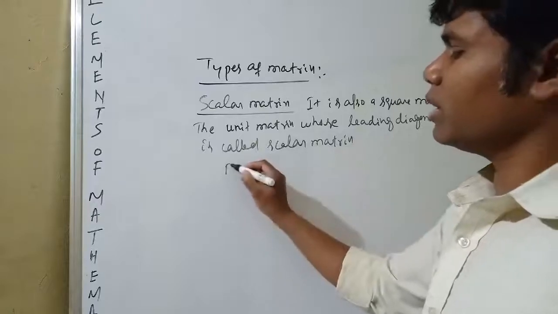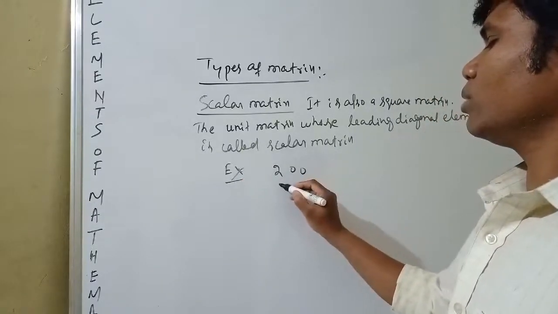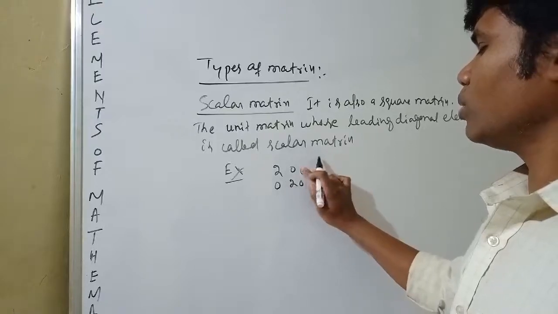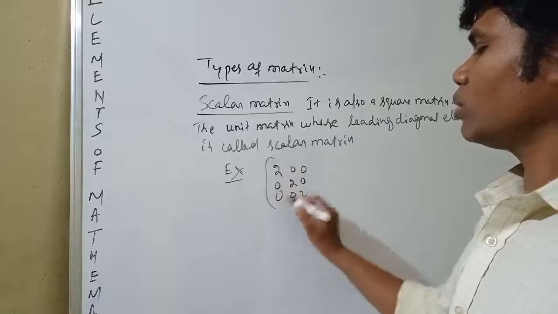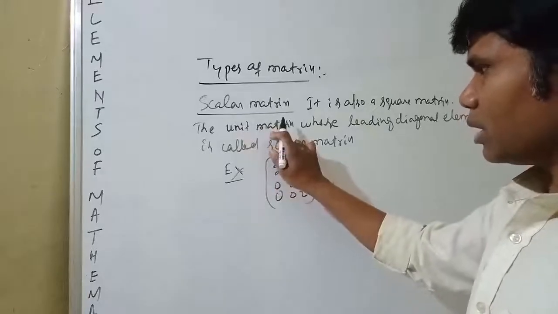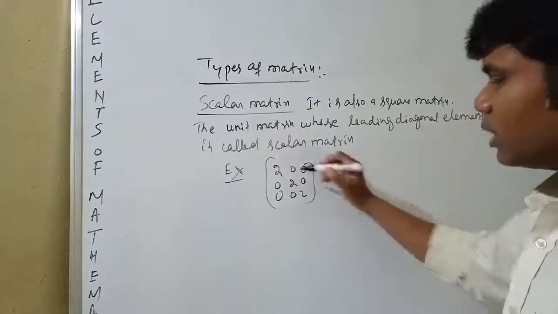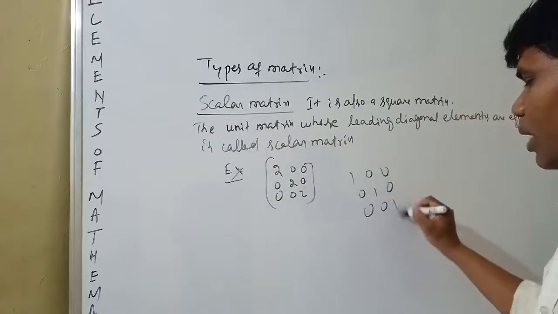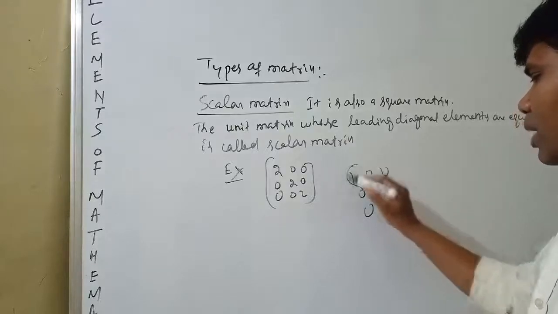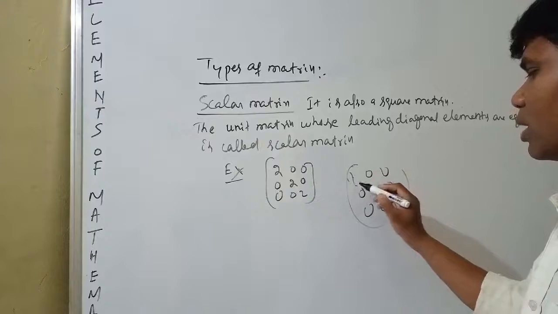For example, 2 0 0 0 2 0 0 0 2. The unit matrix whose leading diagonal elements are equal. You see 1 0 0 0 1 0 0 0 1, this is the unit matrix, leading diagonal 1 1 1.